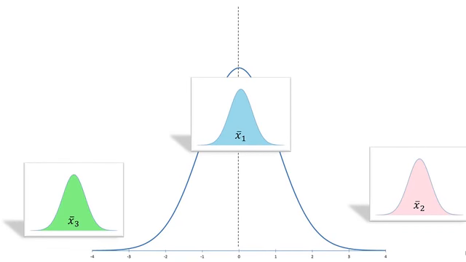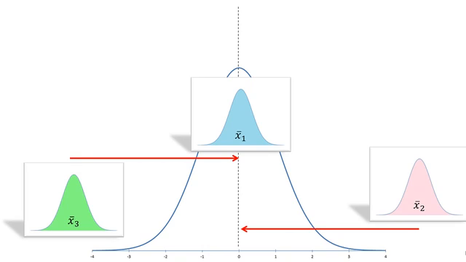Now look at this case. Here we have x bar sub 1, pretty much right down the middle again, but now x bar sub 2, the second sample mean, is way over to the right. So you can see that distance is pretty far away. Now look at x bar sub 3. It's way over to the left. So we might conclude that each one of these sample means belongs to its own population.